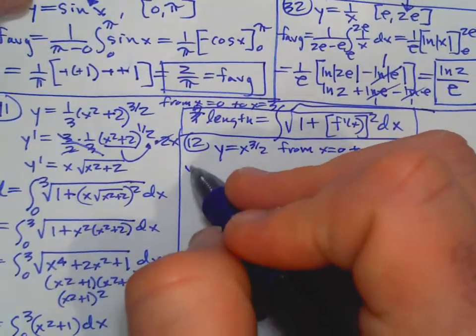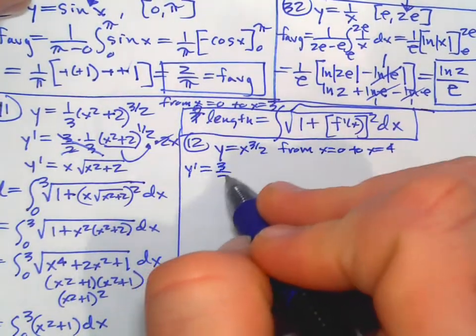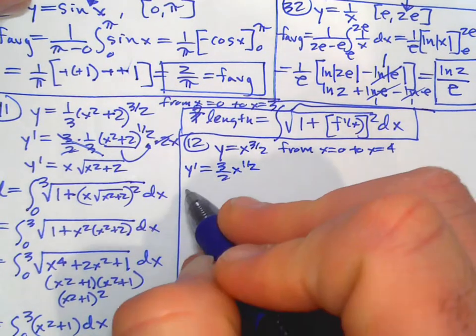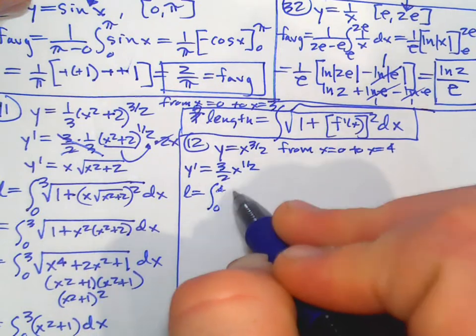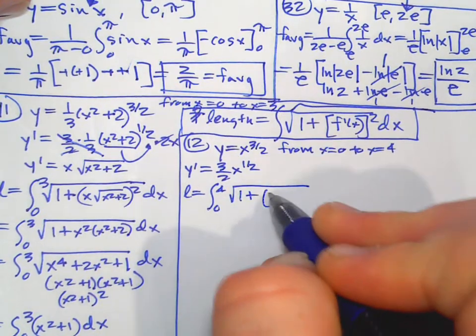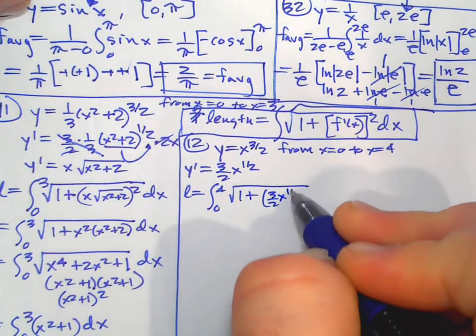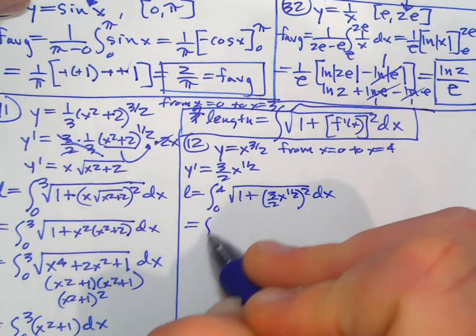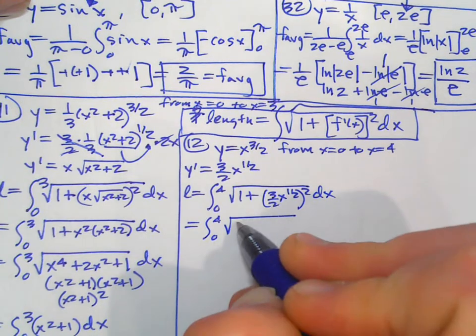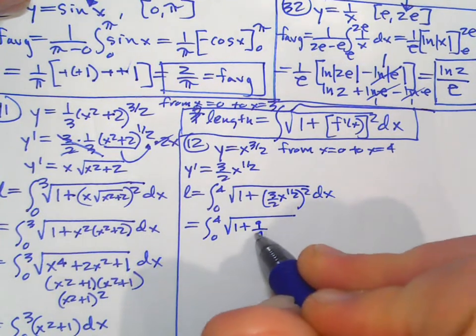So we need to find the derivative first. 3 halves, x to the 1 half. And we've got to plug it into the formula. The integral is 0 to 4, square root of 1 plus 3 halves x to the 1 half, squared. 0 to 4, square root of 1 plus 9/4 x.